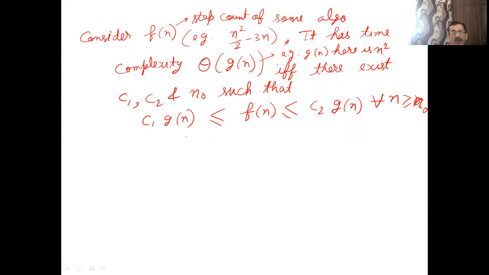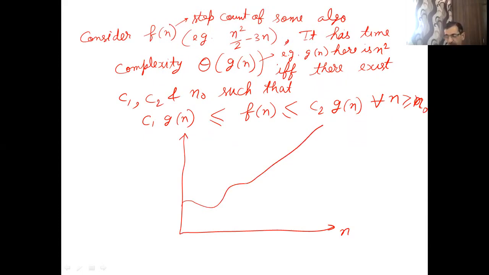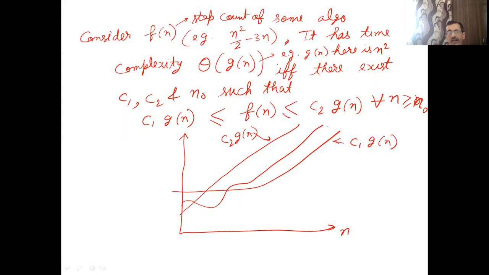What does that actually mean? If you are plotting this for a large value of n, and the function f(n) is growing like this, then I will have something like this as C2 of g(n), and something like this as C1 of g(n), and this is my f(n).